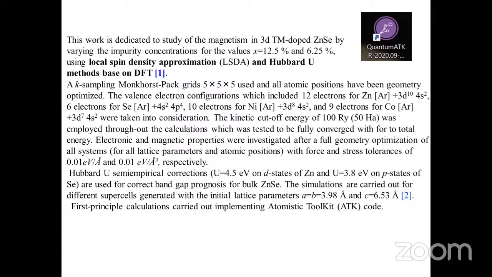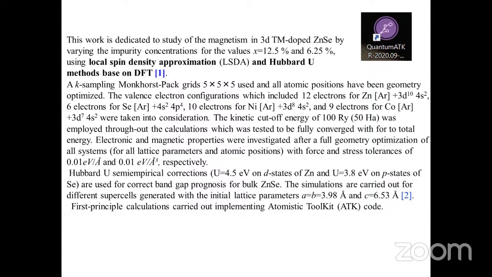And for this we implemented the local spin density approximation and Hubbard-U methods based on density functional theory. K-point sampling Monkhorst-Pack grids 5x5x5 were used and all atomic positions have been geometry optimized.